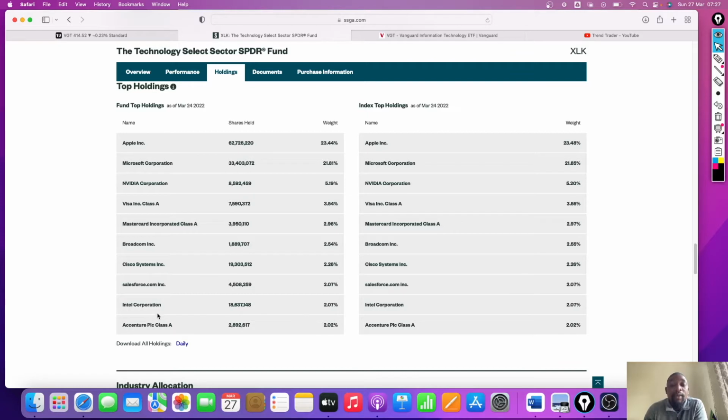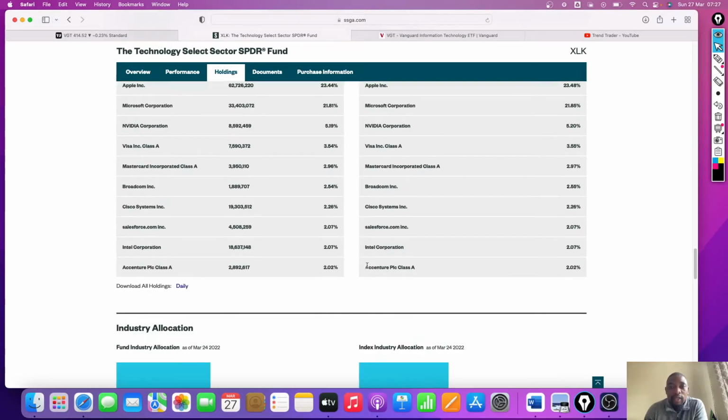I think the main difference between the two is that all the other companies listed here are the same companies as in the VGT ETF. The main difference is that XLK has Intel Corporation and Accenture in their top 10 holdings, which reflect the index top holding, because you see Intel and Accenture also included here.